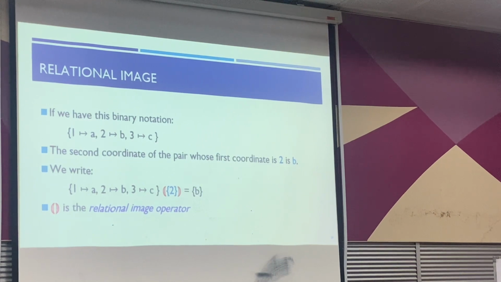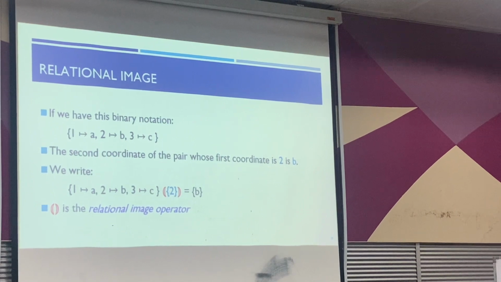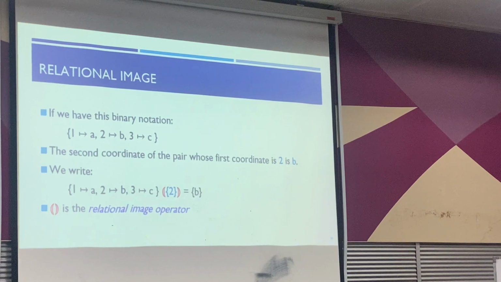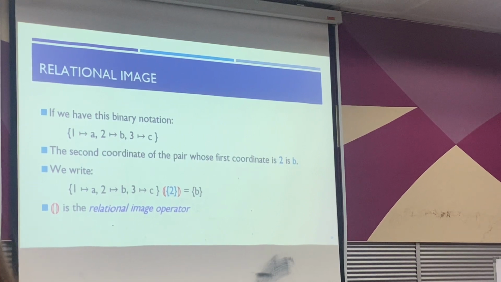Another symbol that you are going to use a lot is called relational image. The symbol is a crescent symbol, with the opening and closing. Relational image is similar to domain restriction. The only difference is for relational image, you find the result of the domain and you produce only range data. You don't show the domain result.